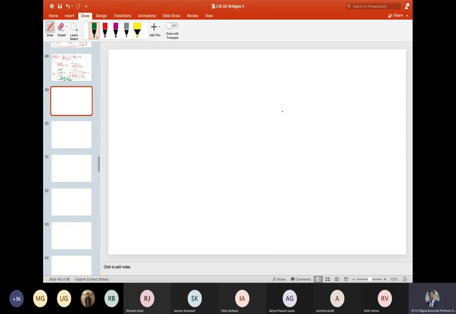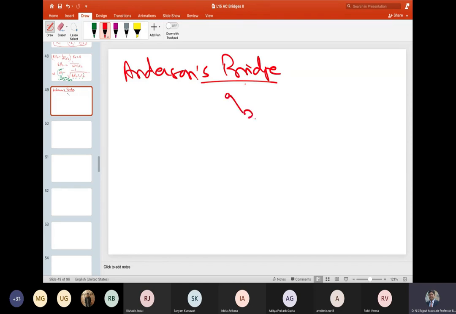So let us take one more bridge, which is known as Anderson's bridge. This is an interesting bridge, and we will try to see how this is solved. Actually, solving the bridges is an art, and usually it comes by experience. So more practice will give you a better physical insight.